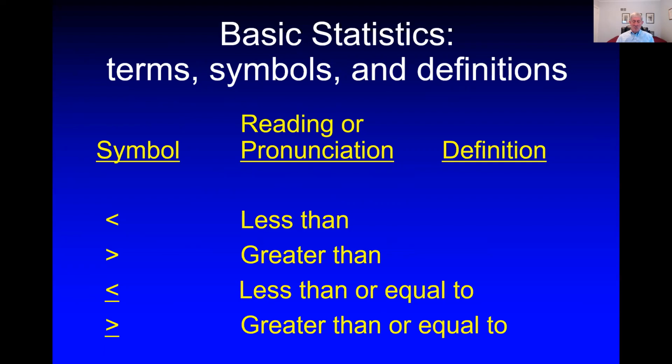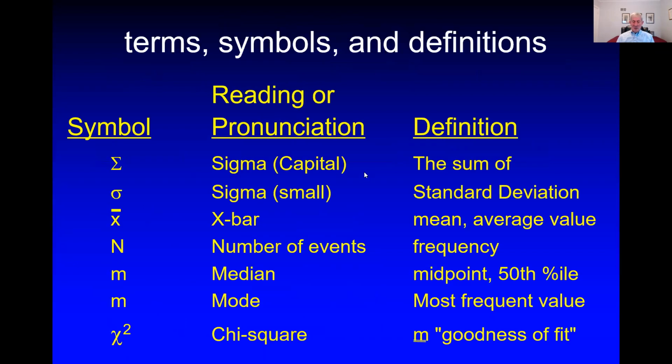I am assuming by now that you know less than or greater than, less than or equal to, greater than or equal to. If you don't know those by now, I have to say you're probably in trouble. But these are a little bit more difficult. We have a lot of Greek letters here. This is the capital letter sigma, the uppercase sigma, and it represents the summation function.